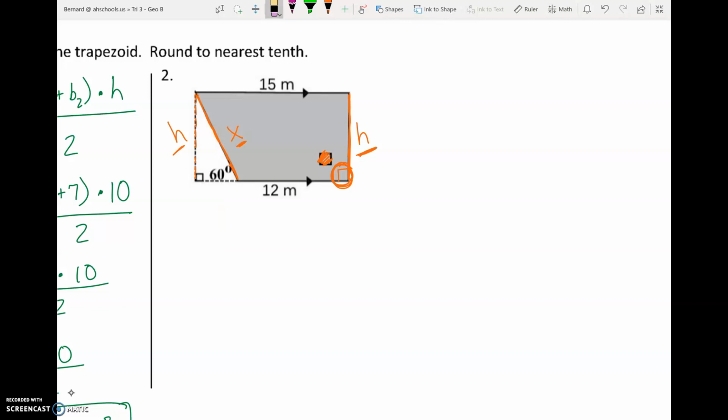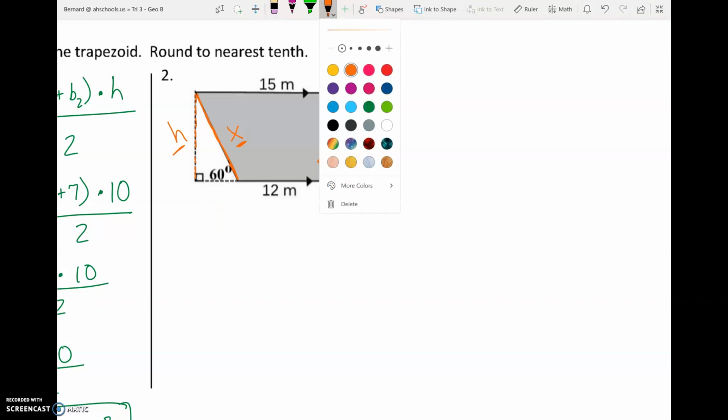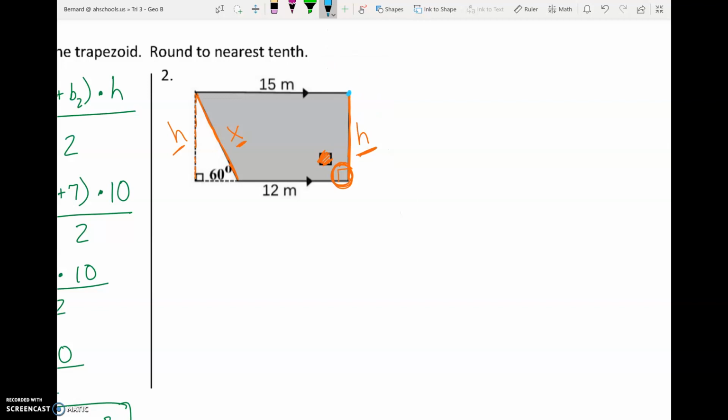But here's what I want you to see. Let's change the color. From way over here, all the way over here, right? That's 15. And then down here, so it stands to reason that from this corner all the way to that imaginary line is also 15.